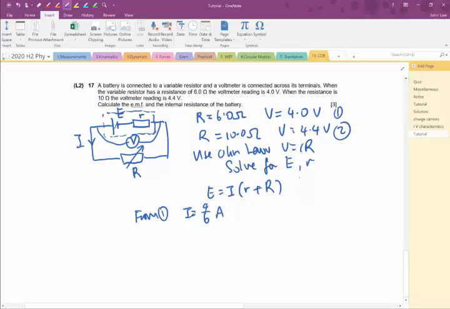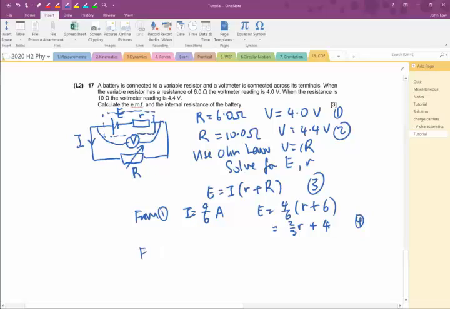So we substitute this into the equation. Substitute into equation 3, we have E equals 4 over 6 times small r plus 6. So this will give you 2 over 3 r plus 4. Let's call this equation 4.